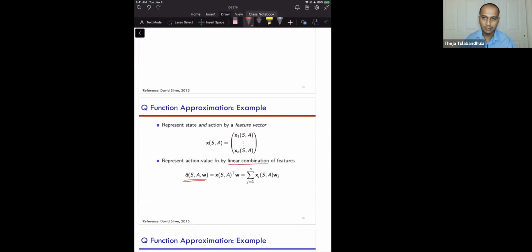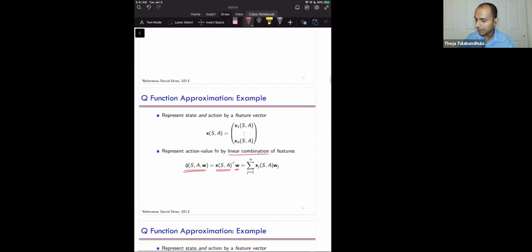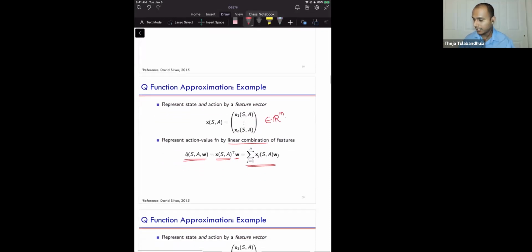Now, if you have a feature vector like this, then you can have a function approximation. Here's an example of a function approximator, q hat of s comma a with parameter w. It's just going to be this feature vector transpose the weight vector, which, if you elaborate it out, is just the sum of each component. Let's say this feature vector belongs to Rn, then it's just the sum of n products.